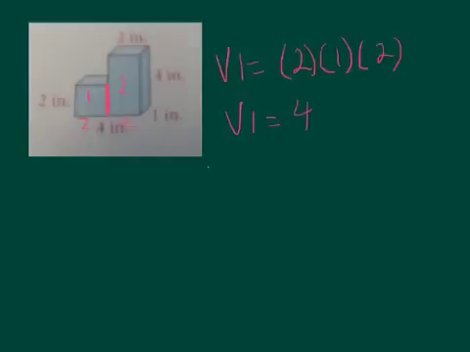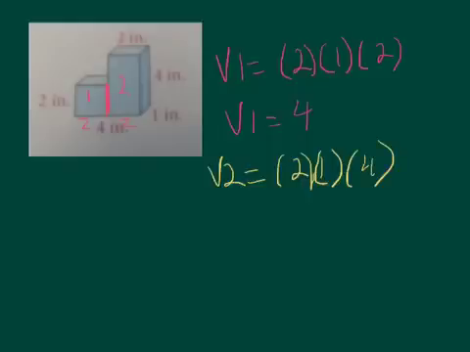So we switch to volume 2. Now we have a base of 2 and a depth of 1, so the area of the base would be 2 times 1, and the height in this case is 4. So it would be 2 times 4 is 8, times 1 is 8.